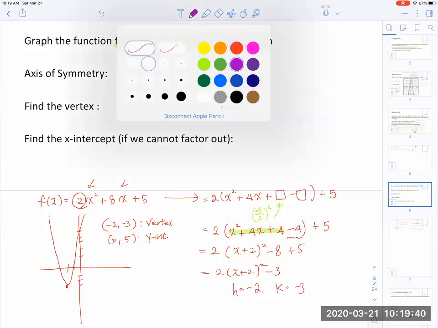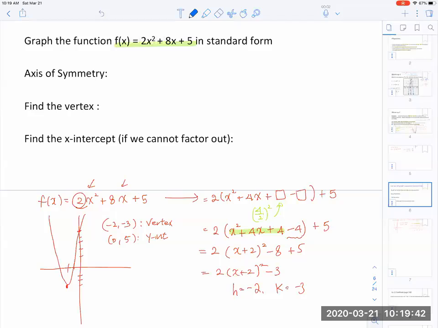I am going to use a blue color with this. So from here, we have a equal to 2, b equal to 8, c equal to 5. If I want to find the axis of symmetry, it is -b over 2a, which is -8 over 2 times 2, -8 over 4, -2. Oh my God, we got the same h, which is x equal to -2.